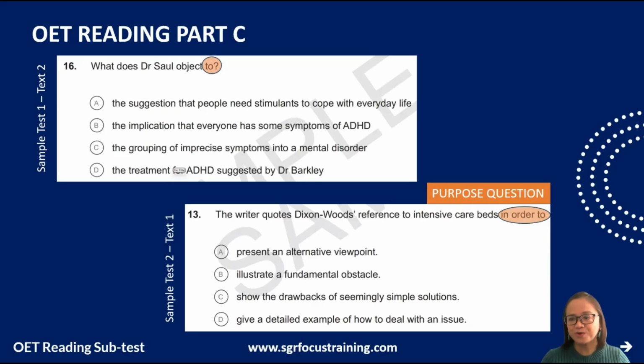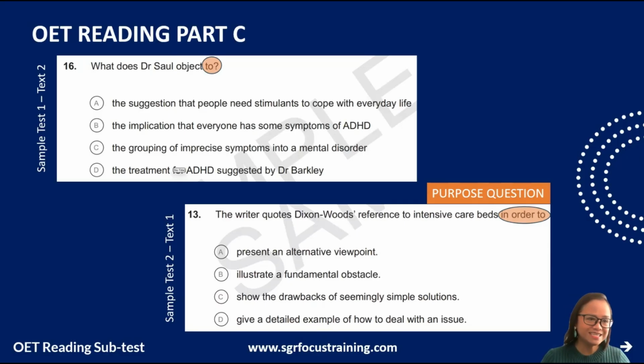This is the only purpose question. Why? Because it doesn't just end with the word to, it has the phrase in order to. When you're being asked why something was used in order to, it means that is a reason why or a purpose question.